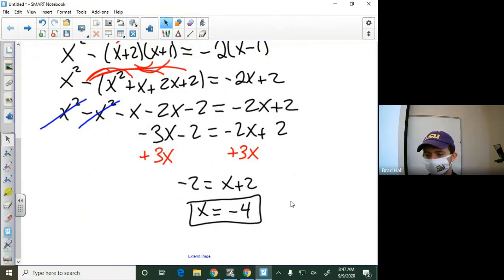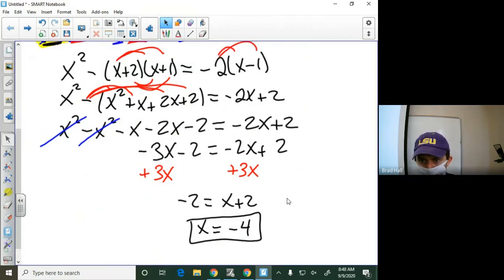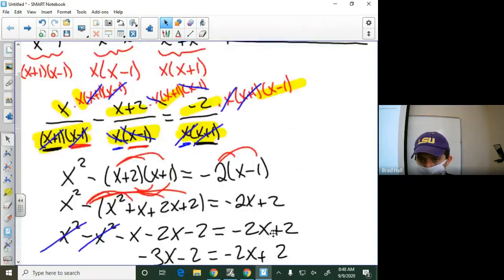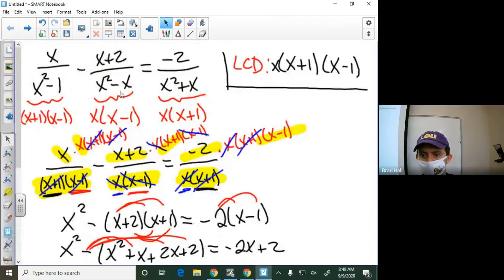And then finally, we ask ourselves, with the -4, if we plug that into any of the denominators, will we get 0? If we plug -4 into any one of these denominators, or any one of these factored additions, then we will not get 0.